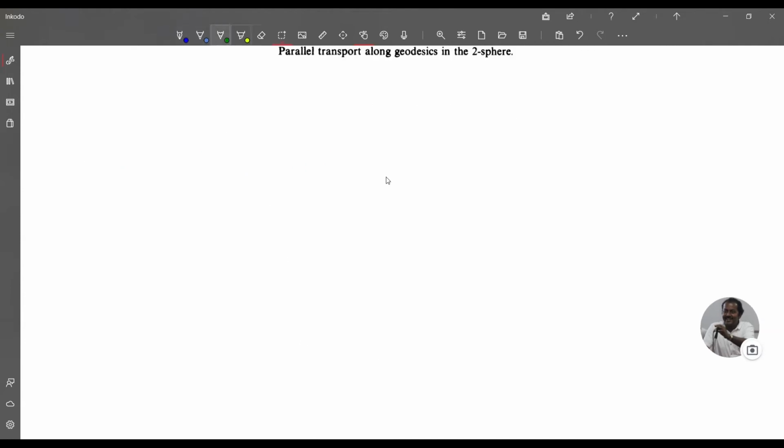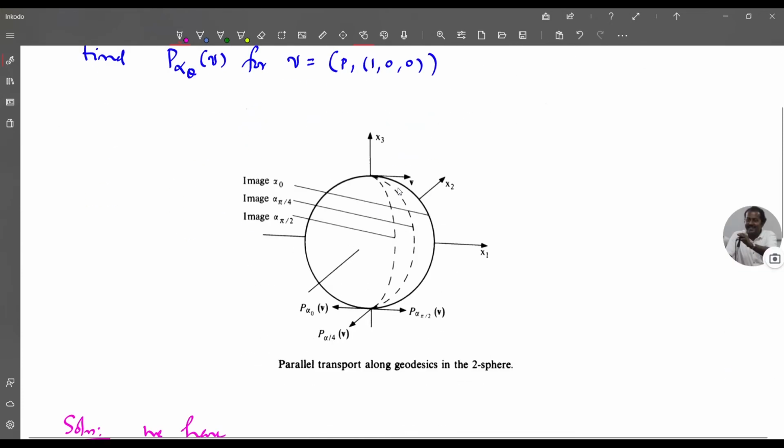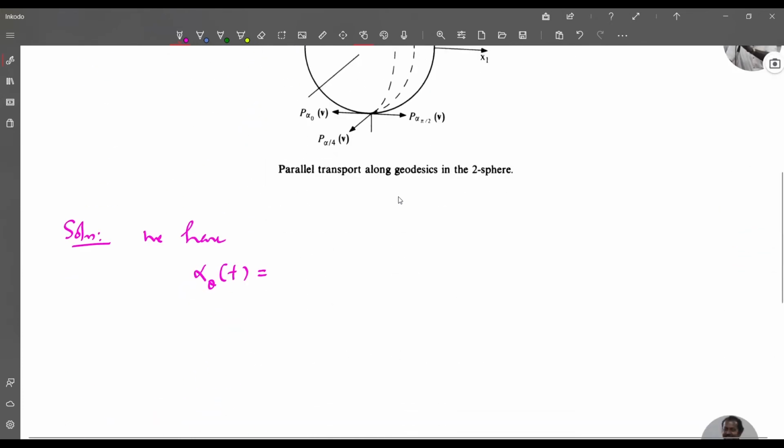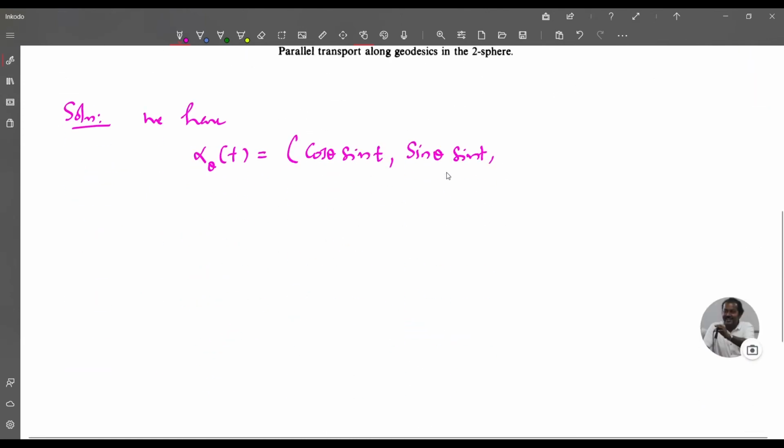Solution: we are given alpha theta of t equal to (cos theta sin t, sin theta sin t, cos t).